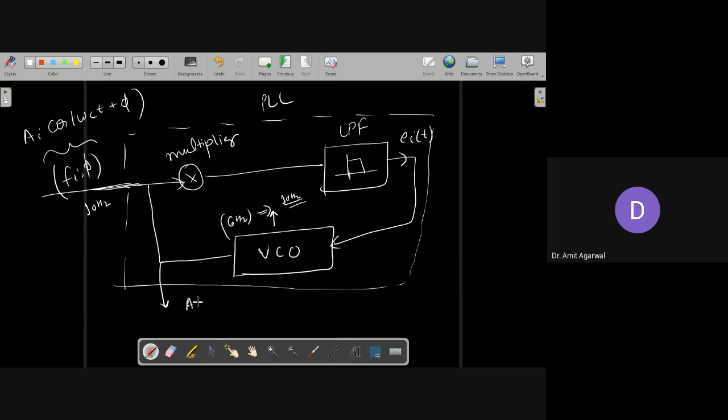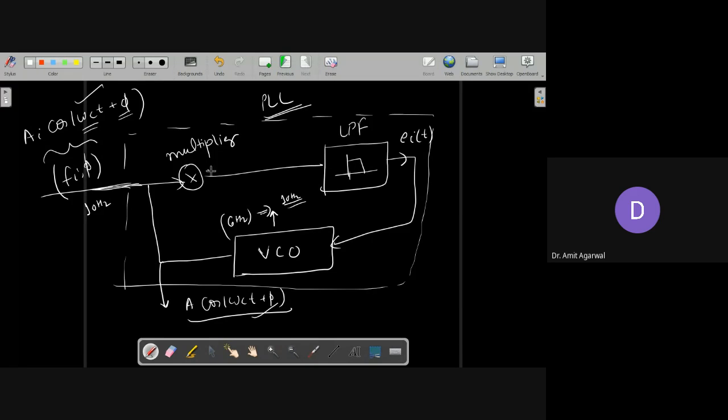So after some time it will also capture this. Of course, there are some properties which must be satisfied by this PLL in order to capture it perfectly, but we assume that this PLL is so perfect that it captures whatever frequency and whatever phase you provide to it. ठीक है?